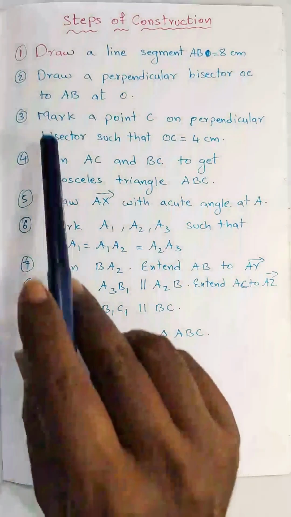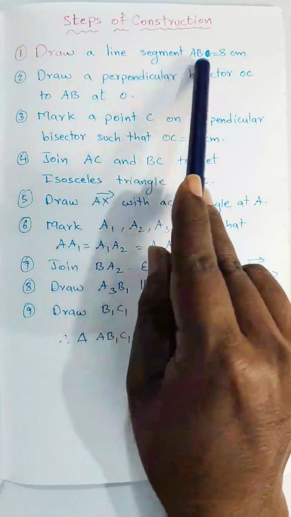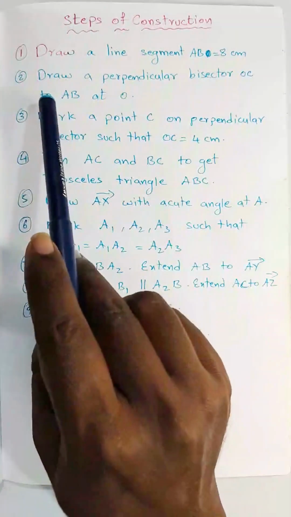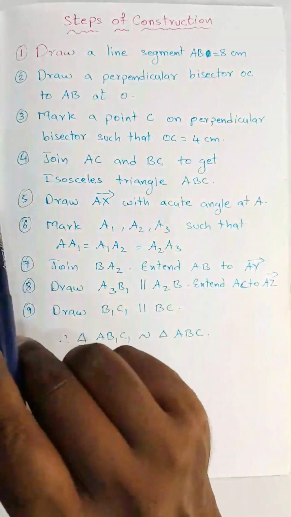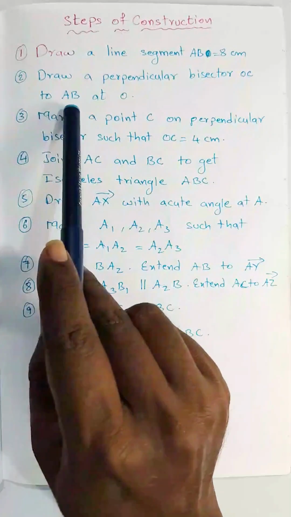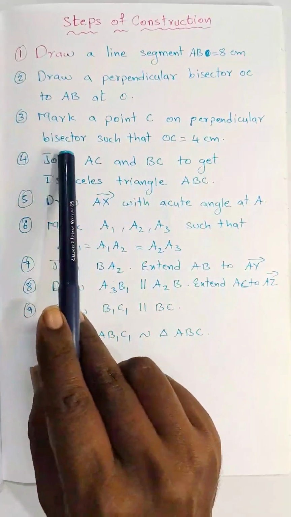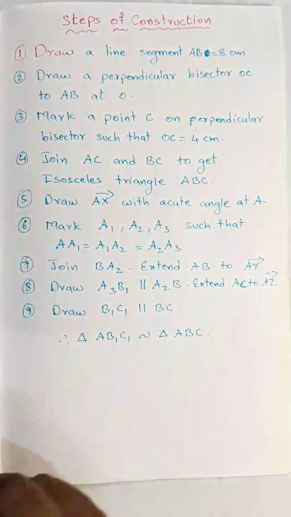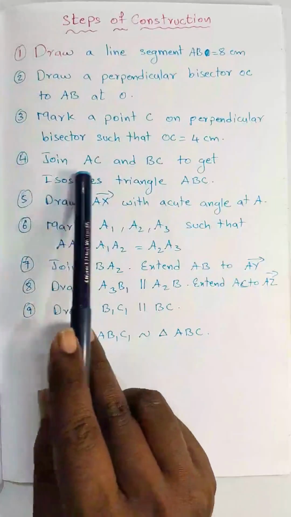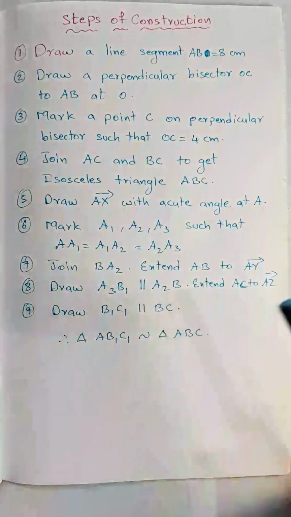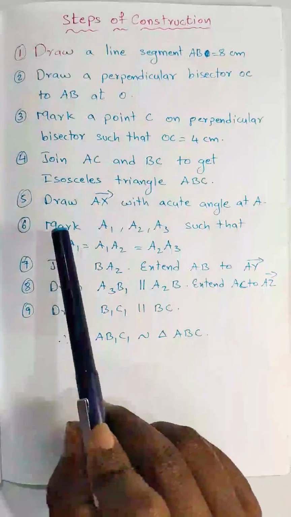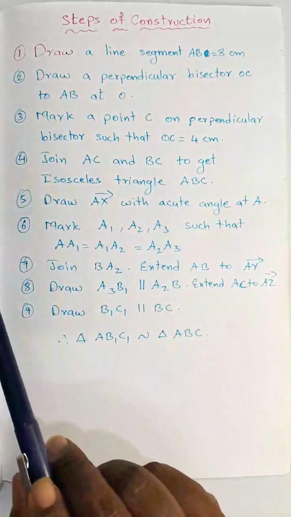Steps of construction. Draw a line segment AB equal to 8 centimeters. Draw a perpendicular bisector OC to AB at O. Mark a point C on perpendicular bisector such that OC is equal to 4 centimeters. Join AC and BC to get isosceles triangle ABC.